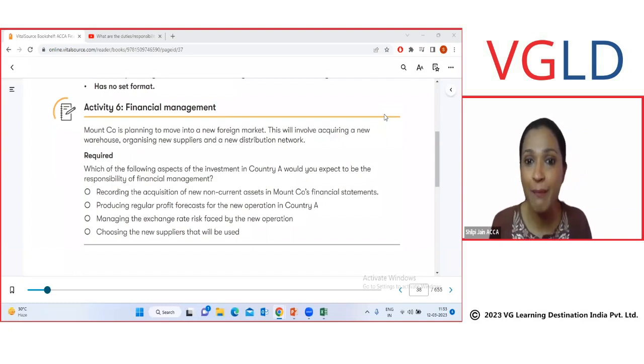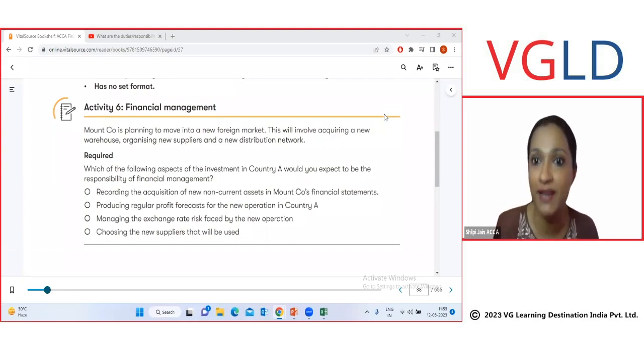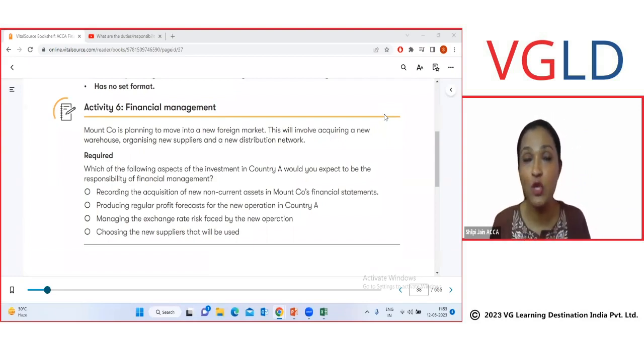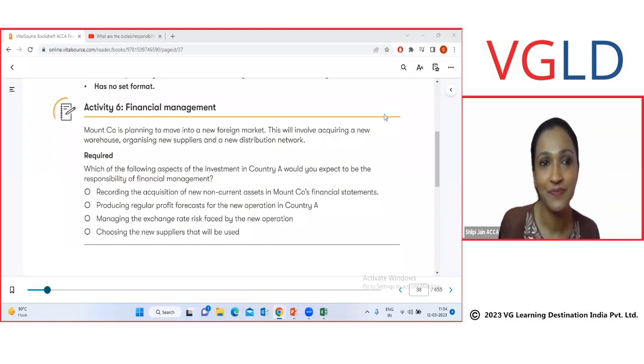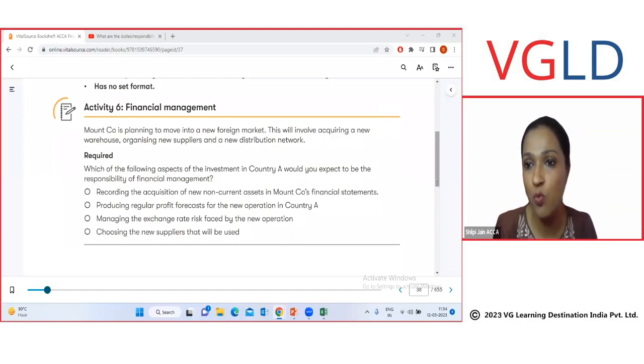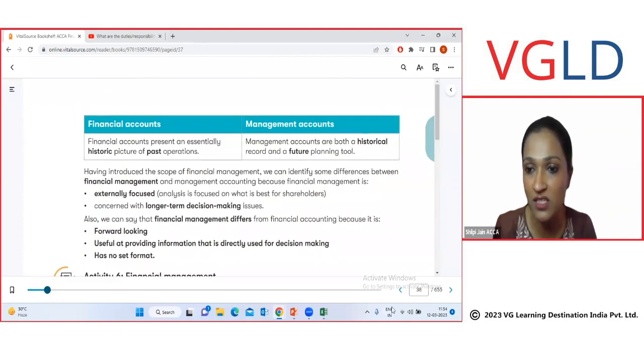So yes, bookkeeping is there, but it is majorly a role of an accountant, not even a finance manager here, right? It is beyond just a bookkeeping role that you are undertaking here, right, Vani? So recording of acquisition is there, but it's majorly the role of an accountant. You're now a finance manager, which is a bigger responsibility per se, right? Wonderful. I think there's one question that we are still left to do in this workbook.